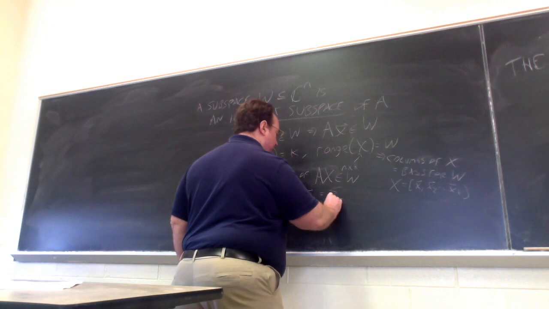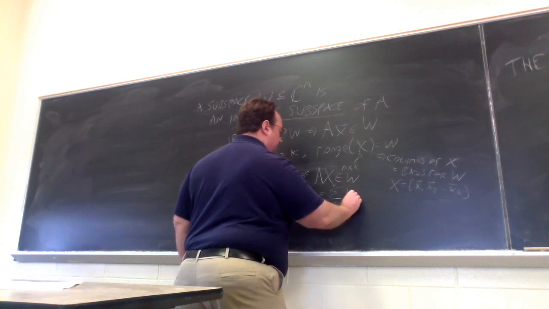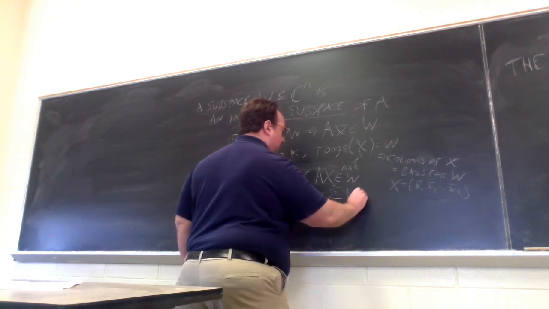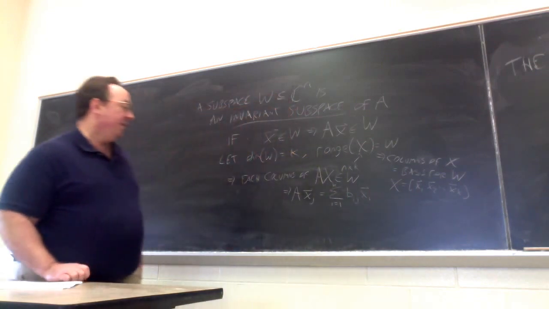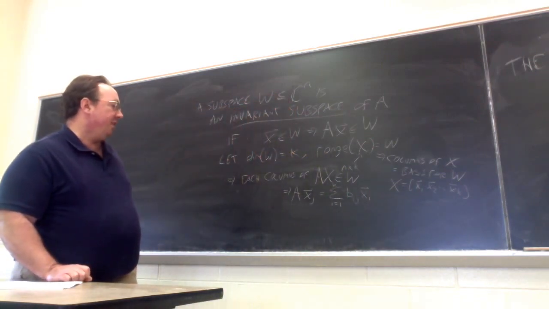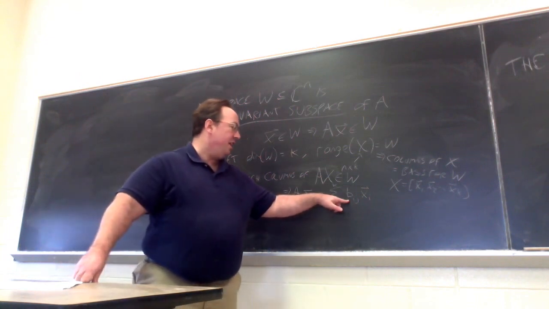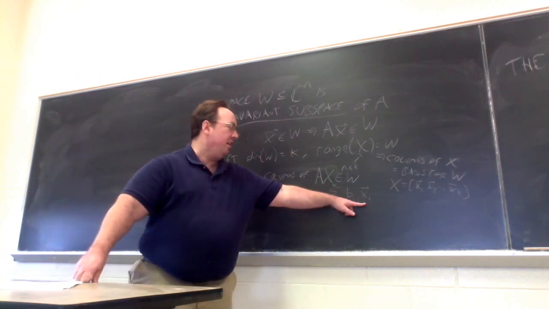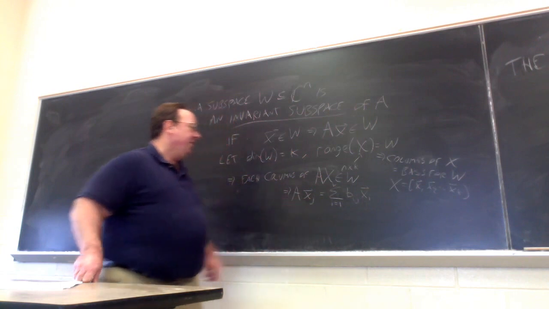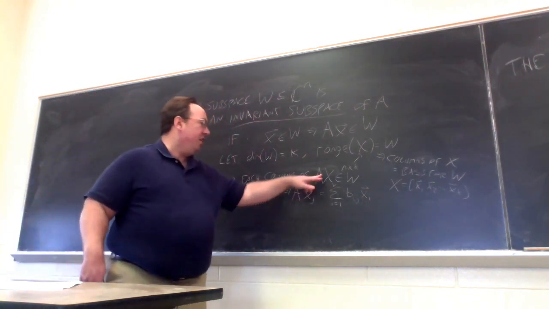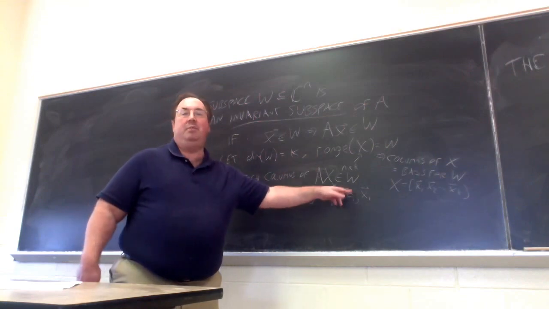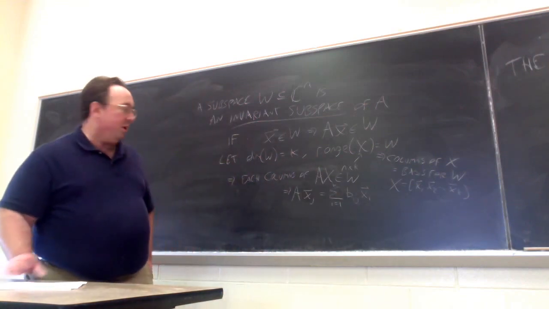So I have some constants. So there's some constants b_ij that I use to linearly combine the columns of capital X to describe this vector. Because this vector is in W, any vector in W can be described in this way.